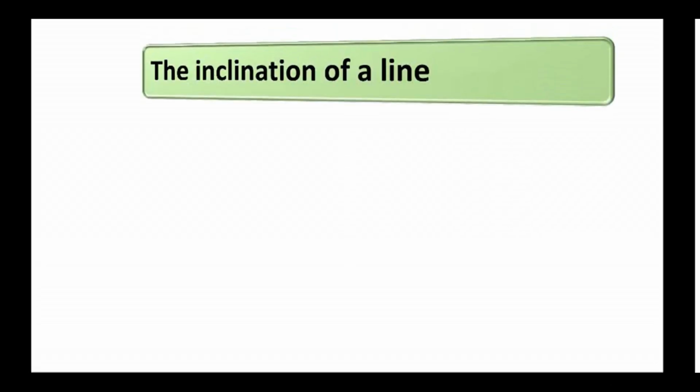And lastly, we are going to be looking at the inclination of a line. So what is the inclination of a line? The inclination of a line is the angle that a line makes with the x-axis. What do they mean by this?